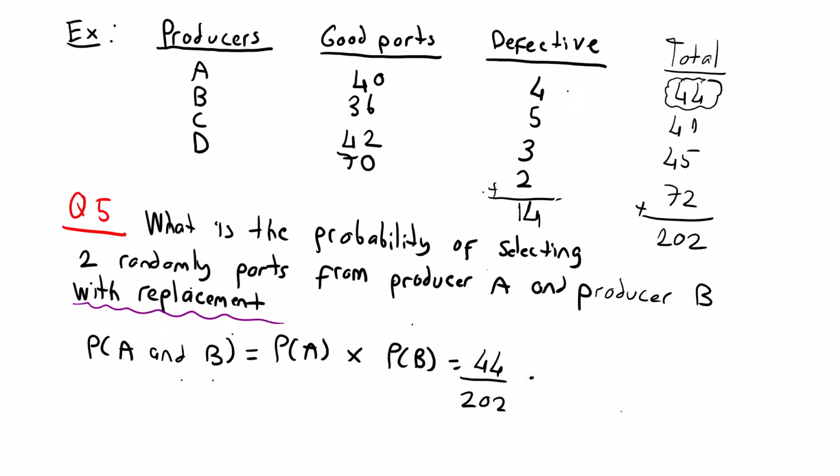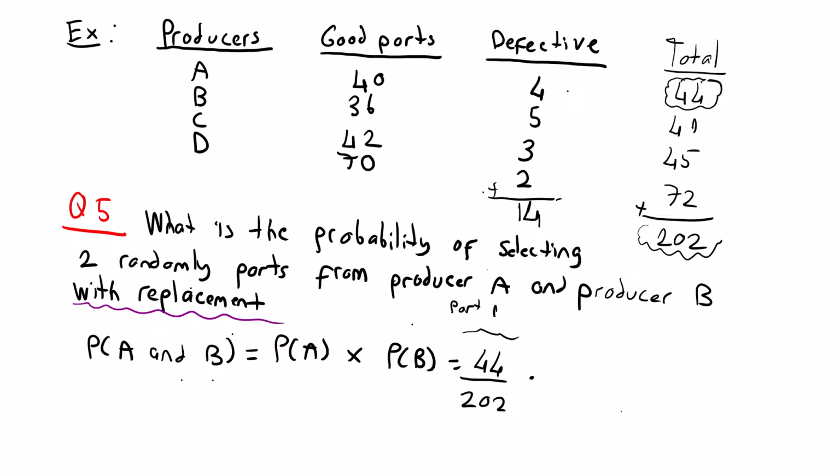The total number of parts will never change because we already returned the first item, so we still have 202 items. That was for part number 1.